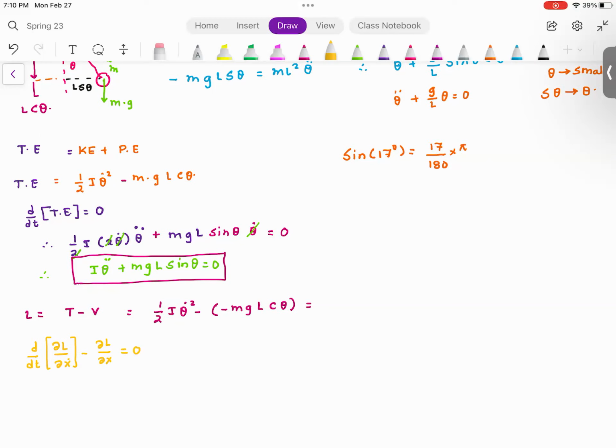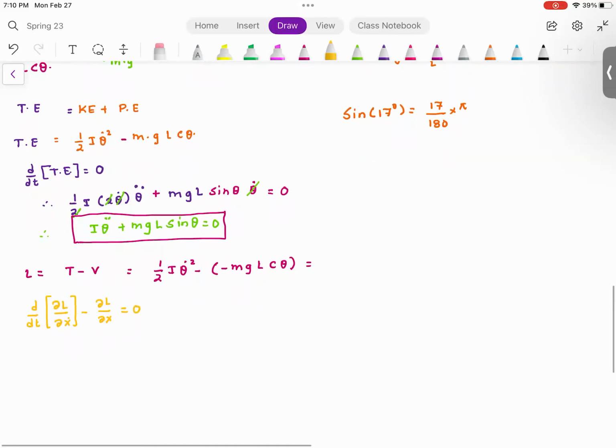Okay, I will try to do the whole thing in one shot. If you look at this expression, my Lagrangian is going to be 1/2 I theta dot square plus m g L cosine theta. So partial L by partial theta dot is going to be 1/2 times 2 theta dot, and this needs to have d by dt.